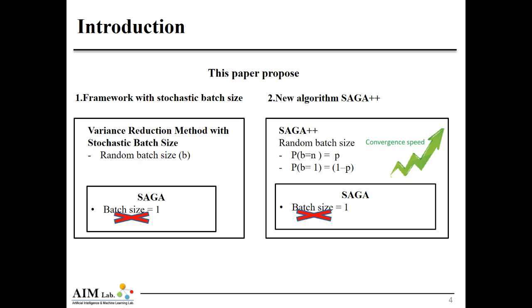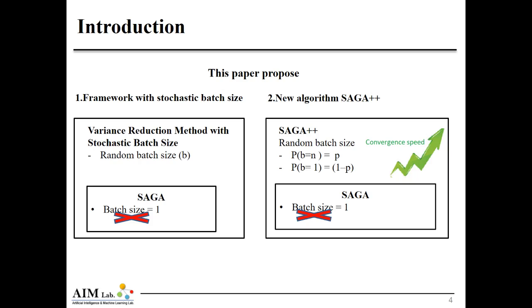For each iteration, probability of path size equal to n is p and probability of path size equal to 1 is 1 minus p. Saga++ so that it can improve the conversion speed in terms of running time.